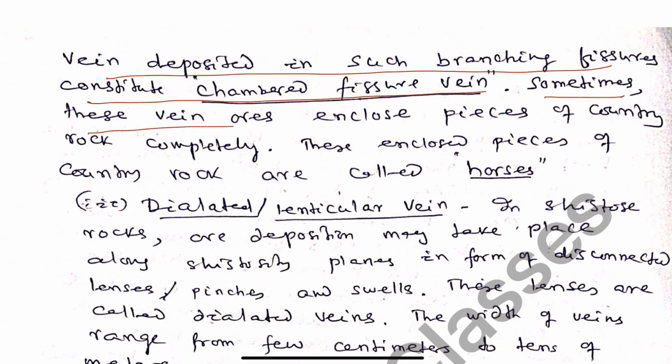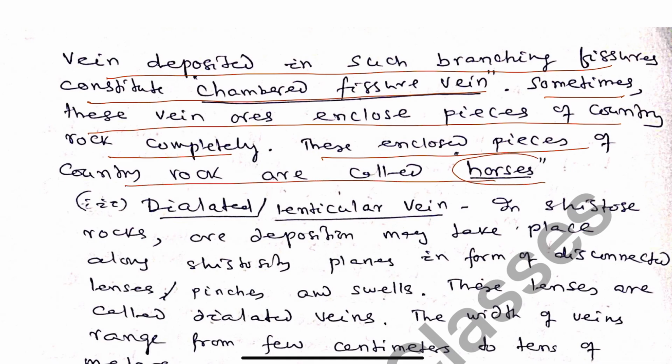Sometimes these vein ores enclose pieces of country rock completely. These enclosed pieces of country rock are called horses. So, in the chambered vein, it may be pieces of country rock. They are called horses.